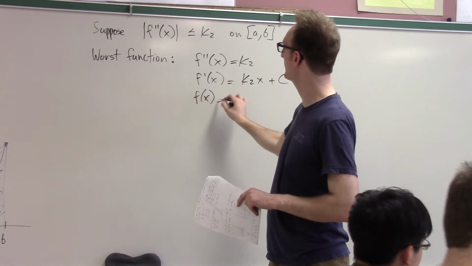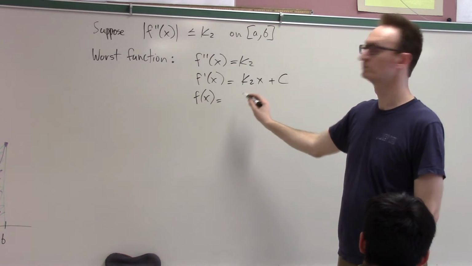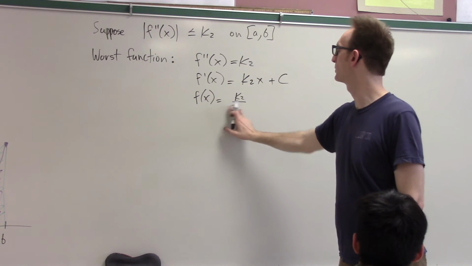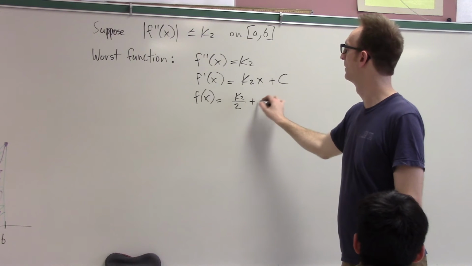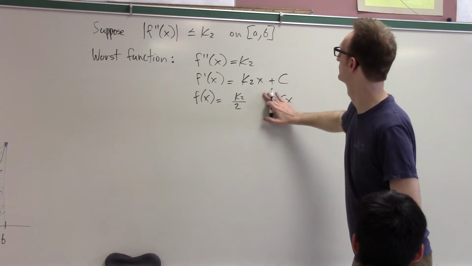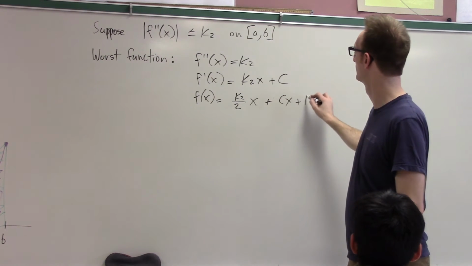What does the function look like? K2 over 2 x squared, plus cx, plus d.